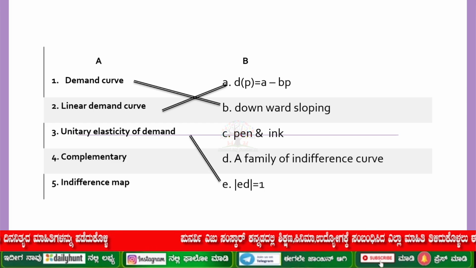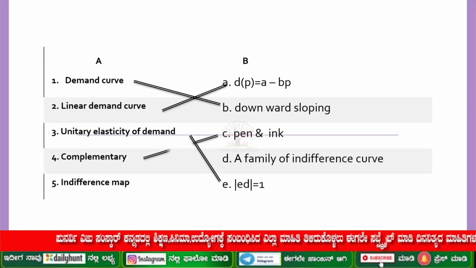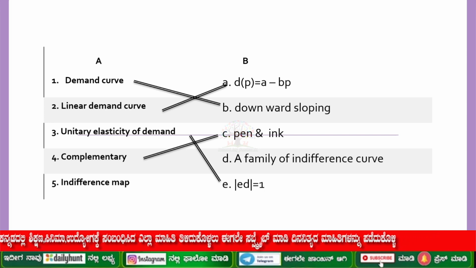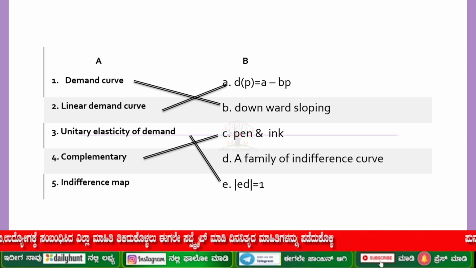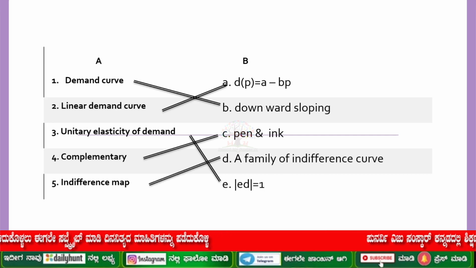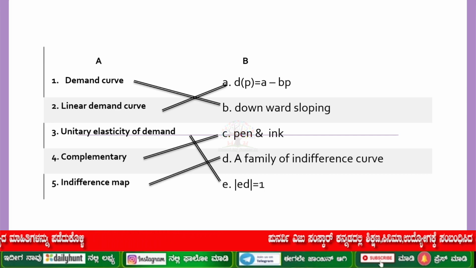Complementary goods, where we use both together to satisfy a particular want. Pen and ink, we call it an example of complementary goods. And we know the indifference map is a family of indifference curves, where you can see a set of indifference curves.